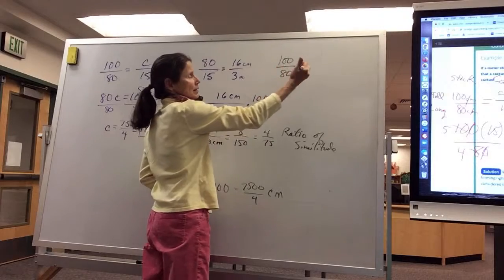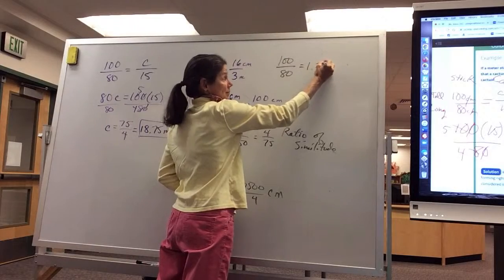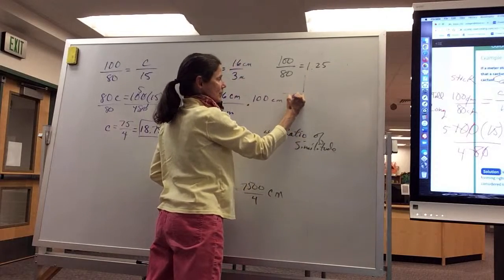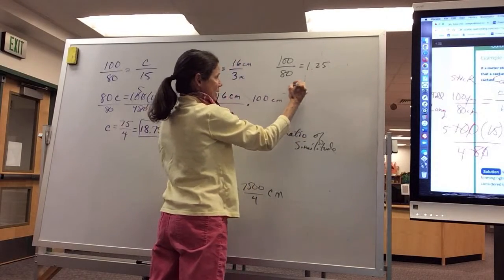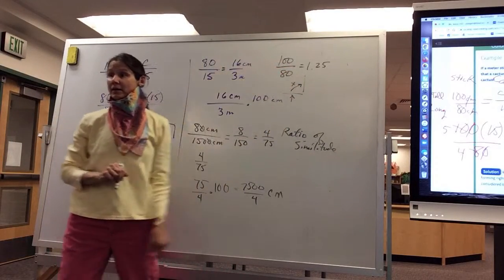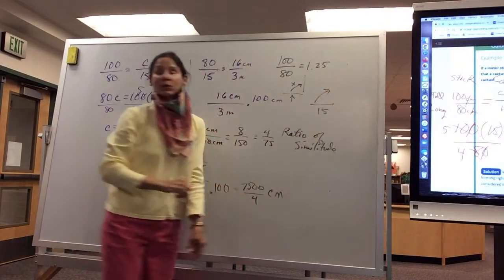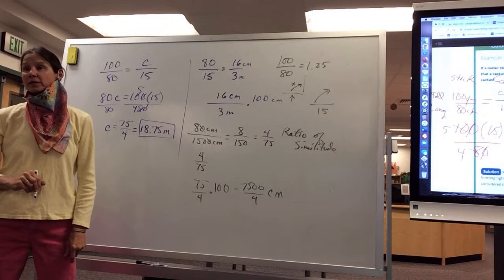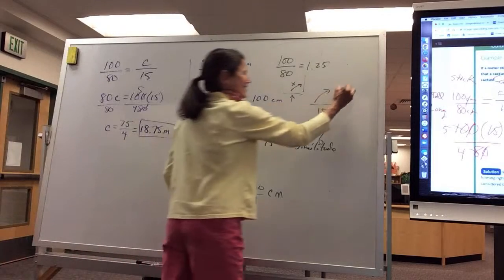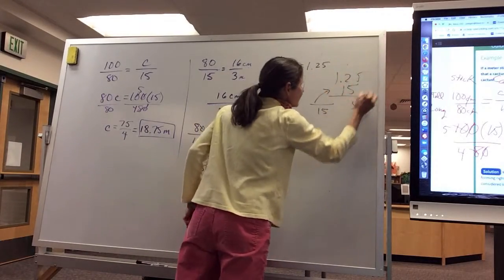If we called that 1.25, what that's saying is, if you start with this and you multiply by 1.25, you get that. So if we start with 15 and we multiply by 1.25, we get what we need. So there's a third way.